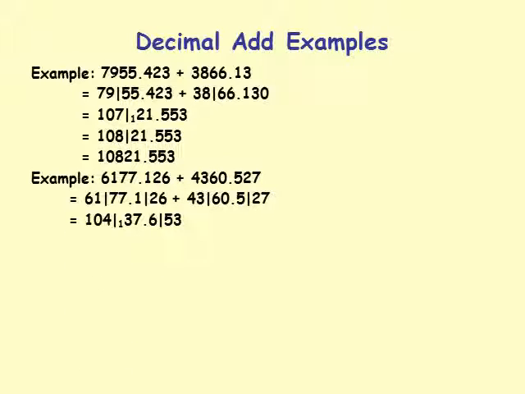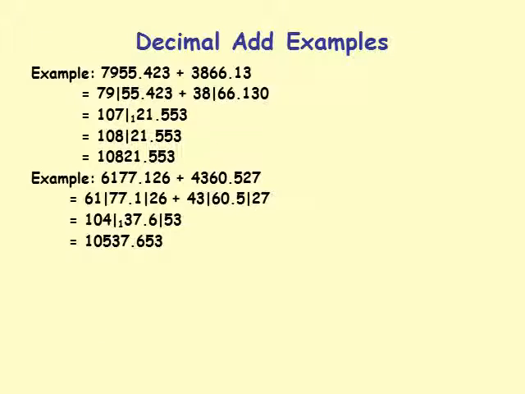Let's continue here. So that's equal to 104 here, 137 here, and 653 here. 26 plus 27 is 53, 1 plus 5 is 6, 77 plus 60 is 137, 1 gets carried, 61 plus 43 is 104.